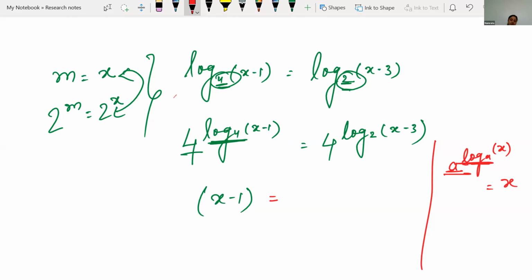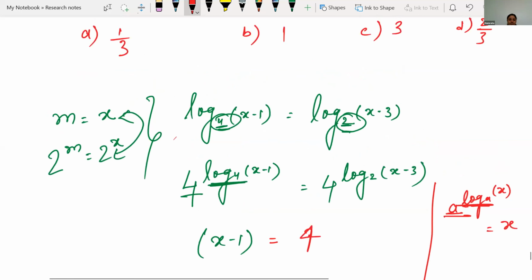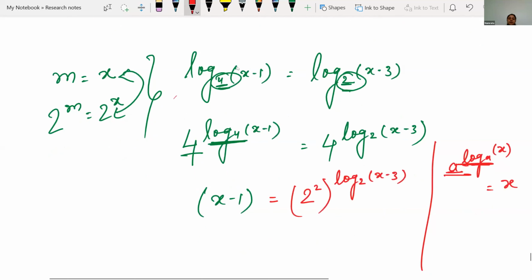Similarly, here we will be having 4 to the power log 2. This we cannot cancel. We can write 4 as 2 squared, and that's log 2(x - 3). Is it clear so far?